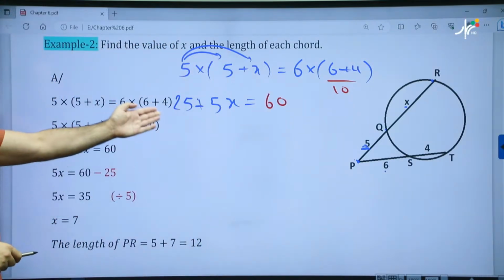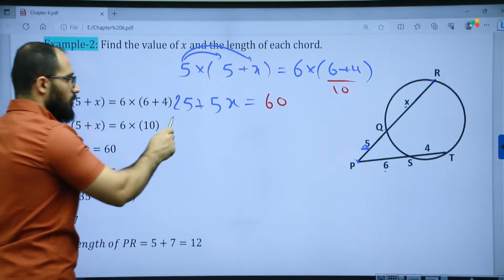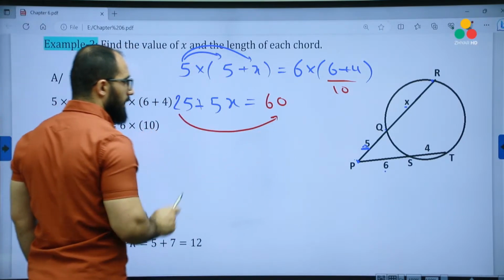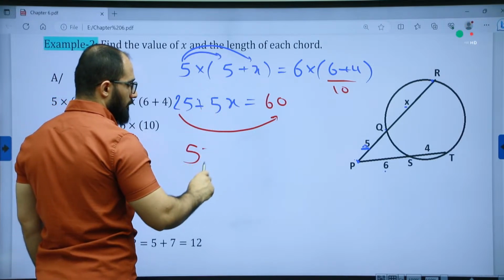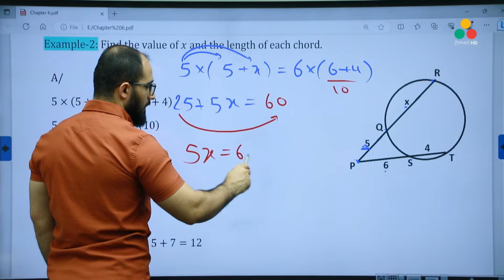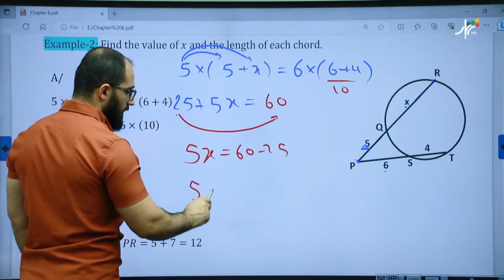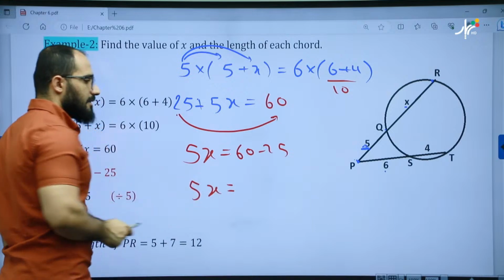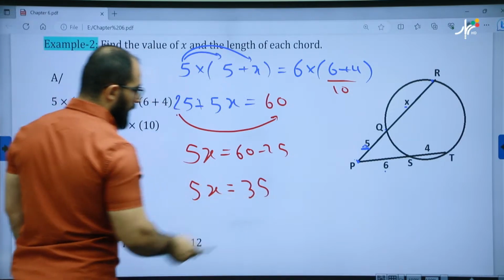So we have 25 plus 5x is equal 60. Then move 25 to the other side. It's positive, then it's going to be negative. 5x is equal 60 minus 25. It's going to be 35.